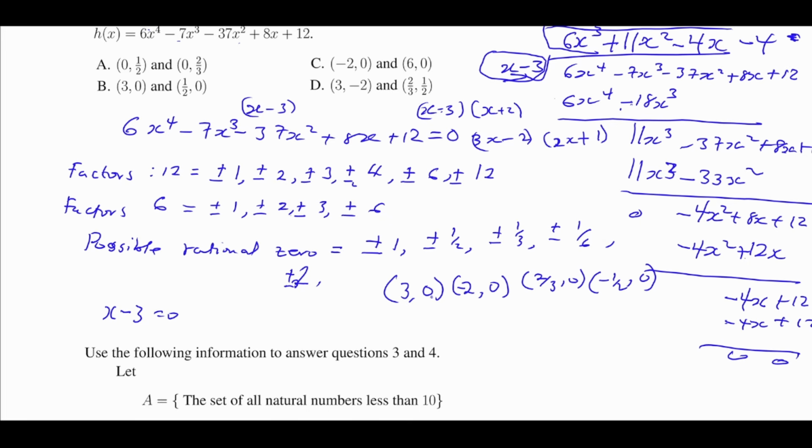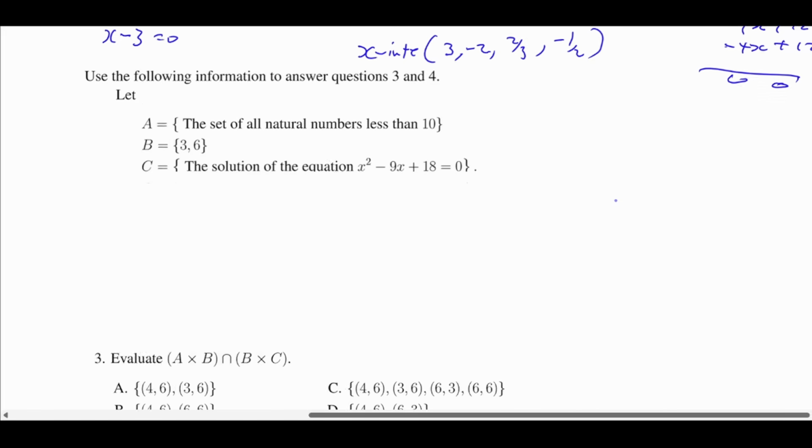This is what we are supposed to have, but we don't have that option here. So what we did was that we just made it as the x-intercepts should belong to a set, and the set is 3, negative 2, 2 over 3, and then negative 1 over 2. All right, so that was question 2.